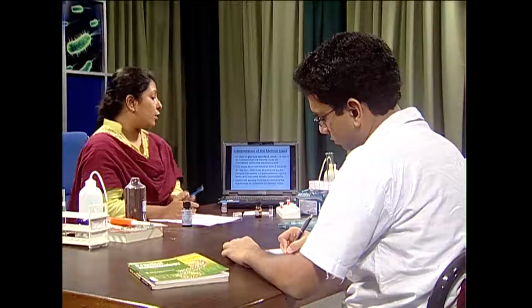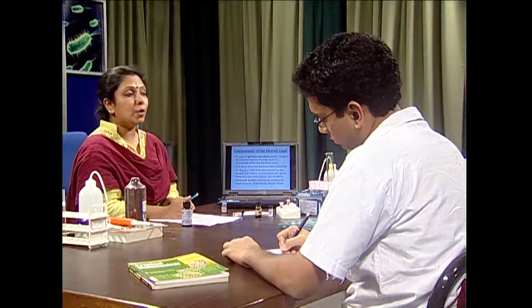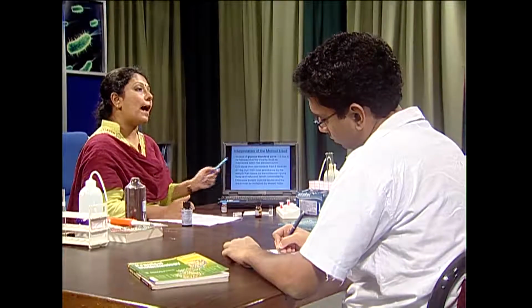Again, another very important thing is that OD must not exceed the value of 2, because we know absorbance equals minus log I by I0, which tends to 100. So 100 means everything is getting absorbed, nothing is transmitted. So that particular solution cannot be taken, it must be diluted.